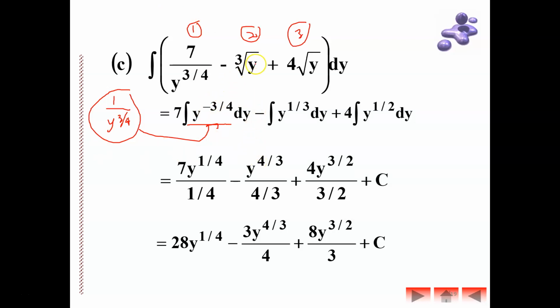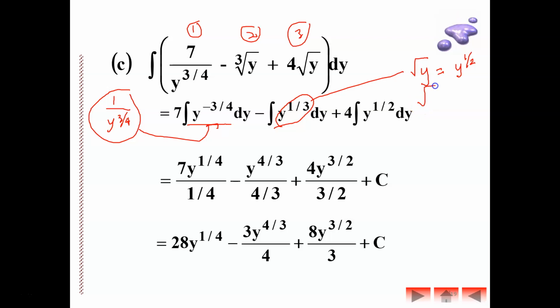Then we have the second part, minus. Since you don't have any constant over here, we just write it down again. Integration of y to the power of 1 over 3. How does it become this part? Why can it become like this? Because when you have square root of y, let's say square root of y is actually equal to y to the power of 1 over 2.